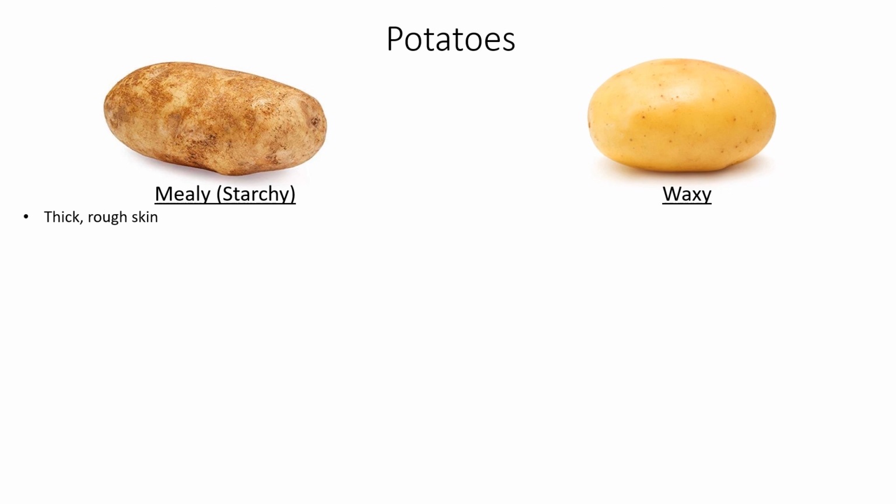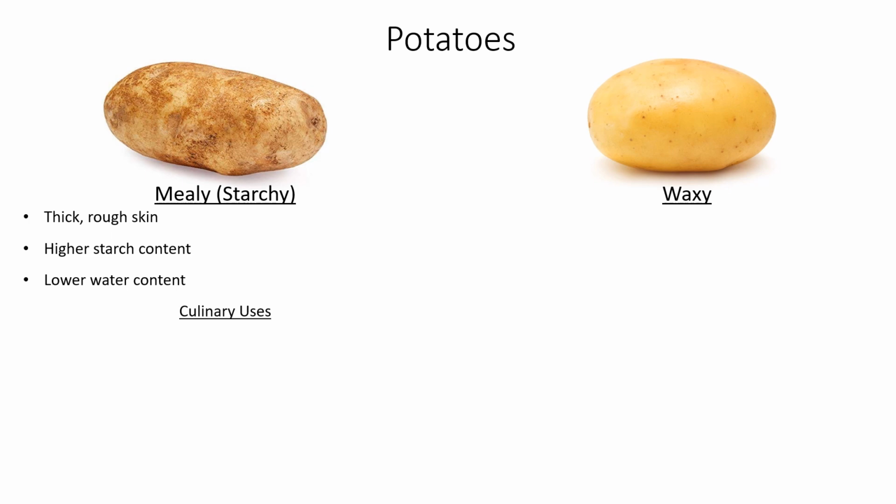For mealy potatoes, you're looking for a thick skin, a rough skin. Often you'll see residue of soil and so on still on the potato. The mealy or starchy potato has a higher starch content. These are older potatoes. They have a lower water content.